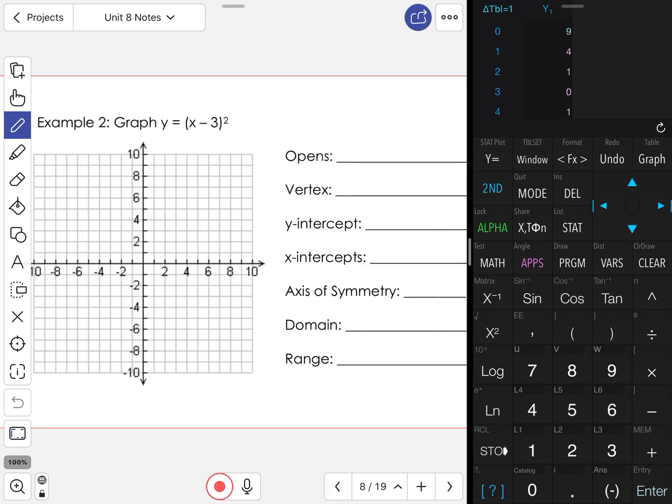So it looks like 0, 9 is the first one we can graph. 1, 4 is the next one we can graph. 2, 1. 3, 0. 4, 1. 5, 4. And 6, 9. So once you have all those plotted, connect your dots.